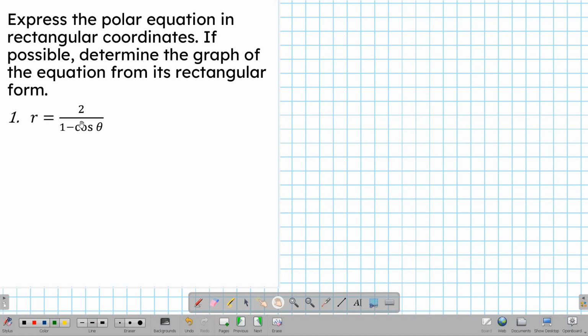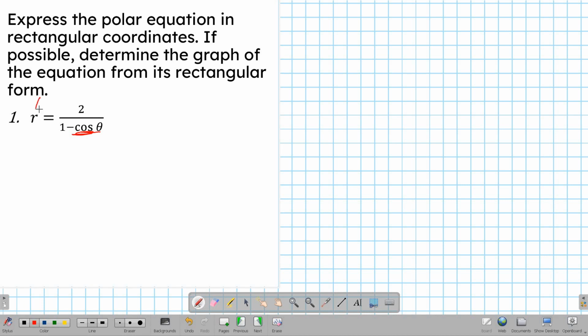Since we have this one here, we can relate again all four. Although r would be the square root of x squared plus y squared, we have a cosine theta here, which is something that you can use, but it might be a bit difficult. What do I mean?